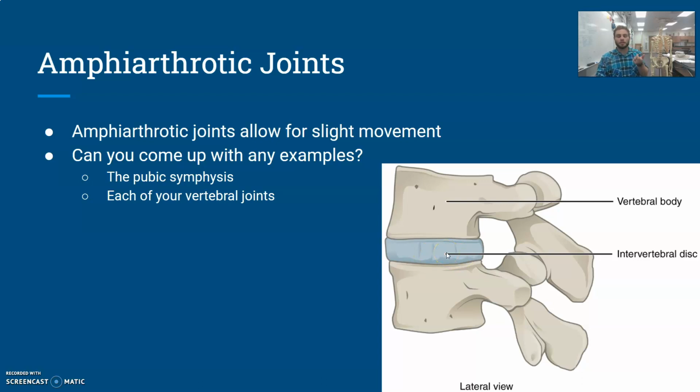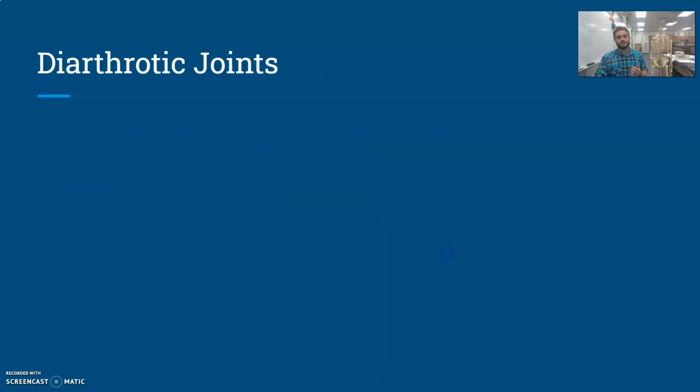And the reason you're able to bend down and touch your toes is because you have 24 vertebrae that are each allowing for a little bit of movement. And so a little bit of movement over 24 joints ends up adding up to the point where you're able to touch your toes and you're able to move all sorts of things with your back. So it may not seem like it, but your vertebral joints are amphiarthrotic joints.